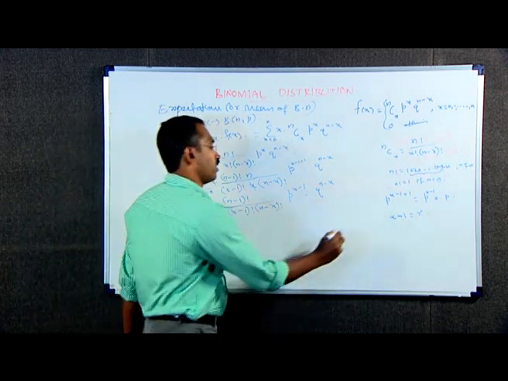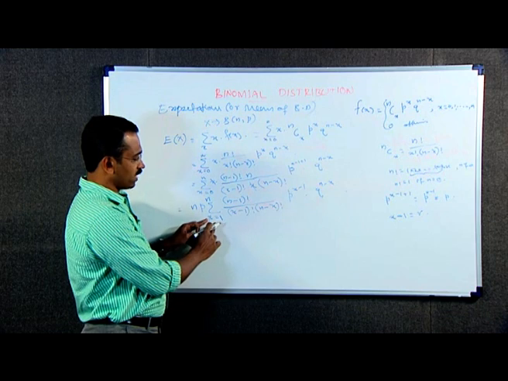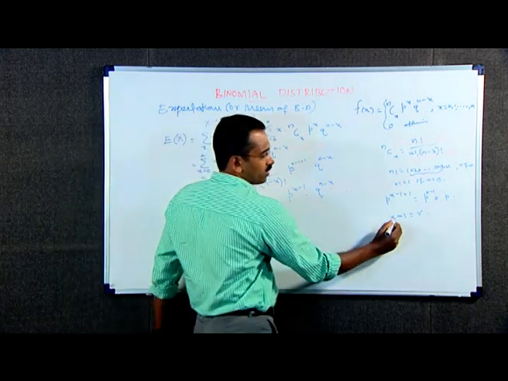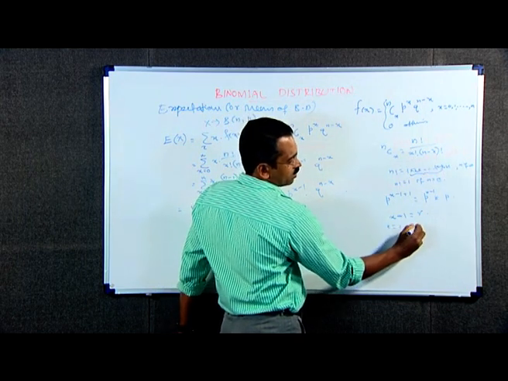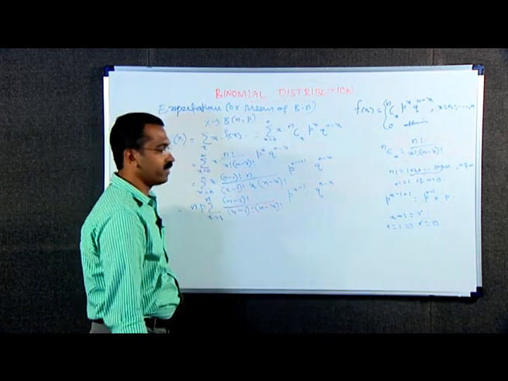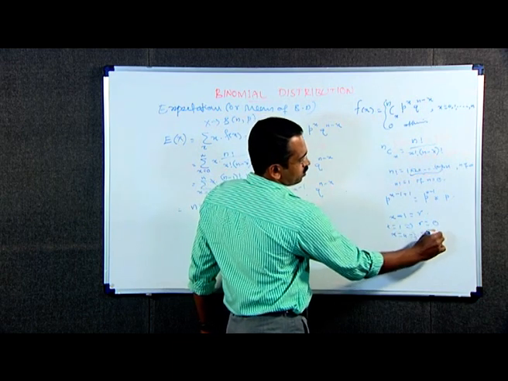Then here the values of x are from 1 to n. If x equal to 1, then r equal to 0. X equal to 1 implies r equal to 0. And if x equal to n, then r equal to n minus 1.